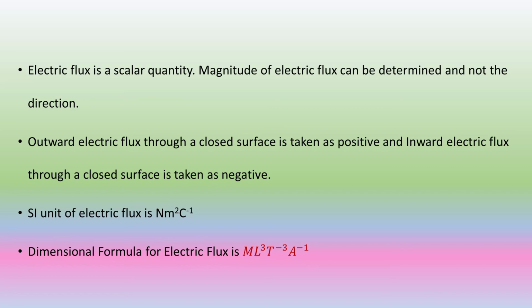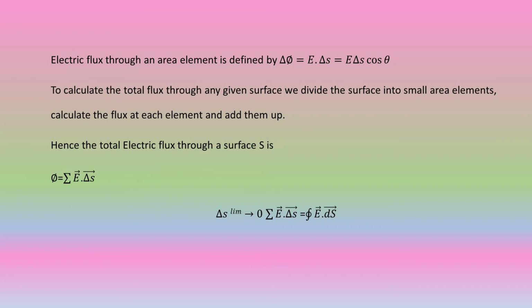Electric flux through an area element is defined by delta phi equals E dot delta S. As the dot product gives us cos theta, to calculate the total flux through any given surface, we divide the surface into small area elements, calculate the flux at each element, and add them all.